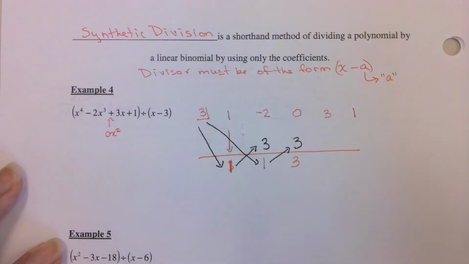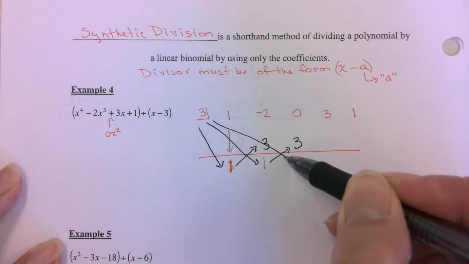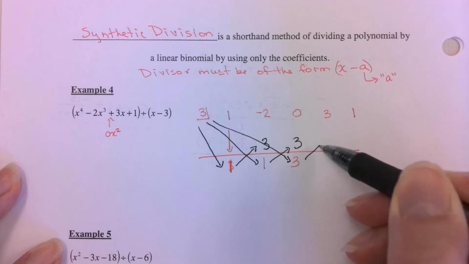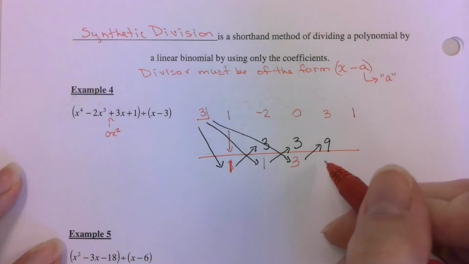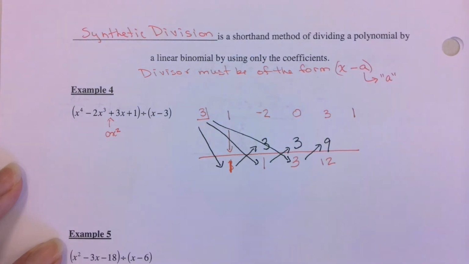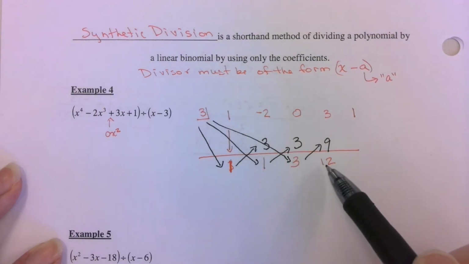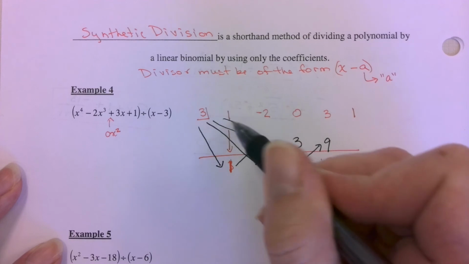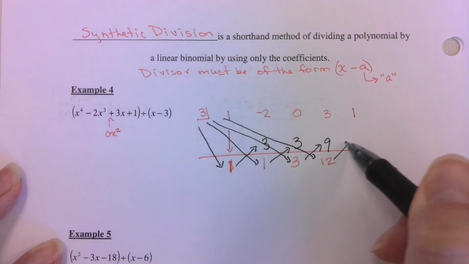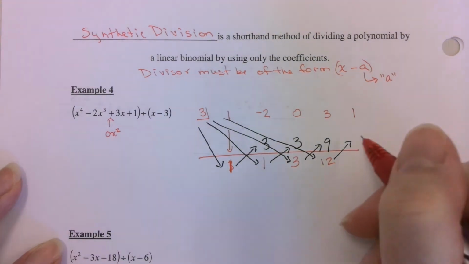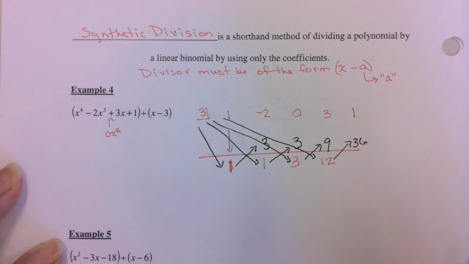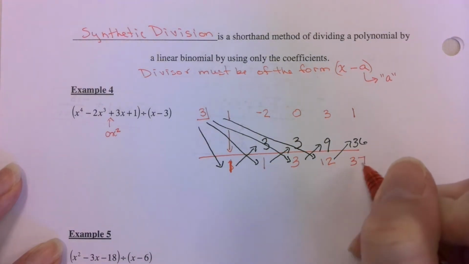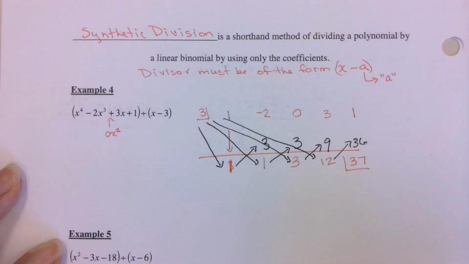And we go again. We take 3 times 3, and this time we get a positive 9. We add these down, we get 12. We go again, and we take 3 times 12, we get 36. We add these down, and this last number, that is my remainder.